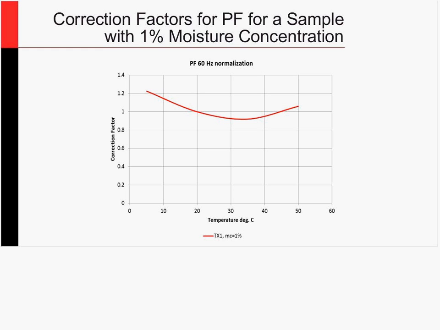It's 1 because that is the temperature we wish to have a representative power factor at. But as we get away from that, you can see that a correction is required, and it shows you what that should be, whether we multiply the power factor by, say, 1.2 at 6 degrees Celsius, or we multiply it by 0.95 at 35 degrees C. But it gives you a correction curve.